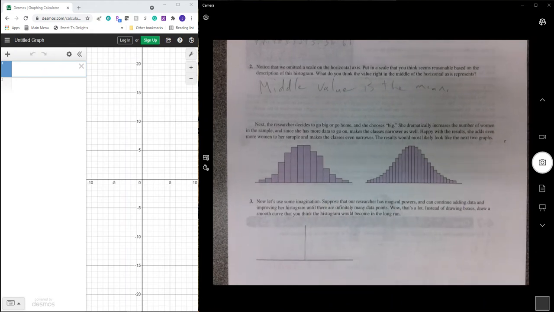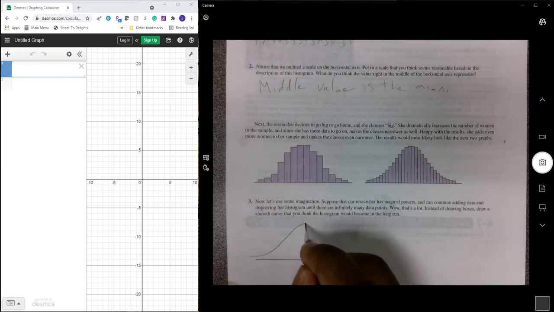Now it says, now let's use some imagination. Suppose that our researcher has magical powers and continues adding data and improving her histogram until there are infinitely many data points. Wow, that's a lot. Instead of drawing boxes, draw a smooth curve that you think the histogram would become in the long run.